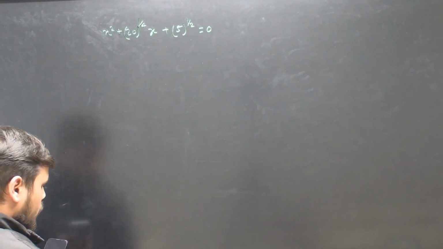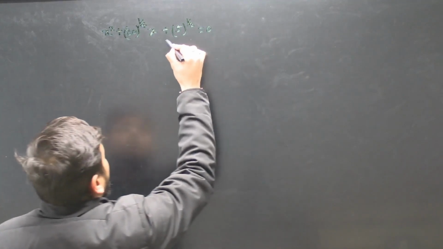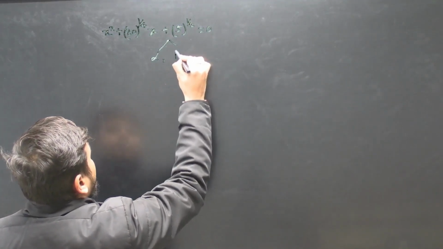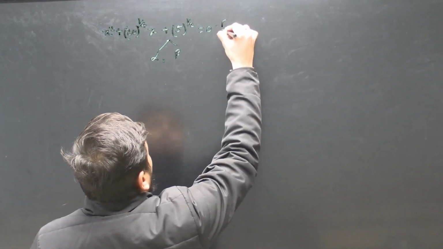Its roots are alpha, beta. Then find alpha raised to power 8 plus beta raised to power 8.